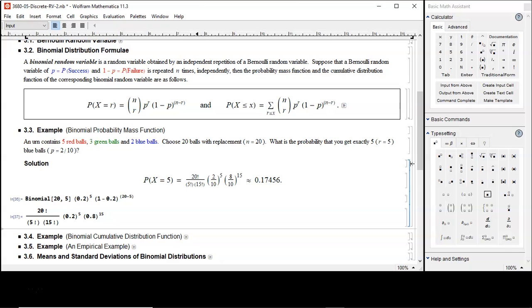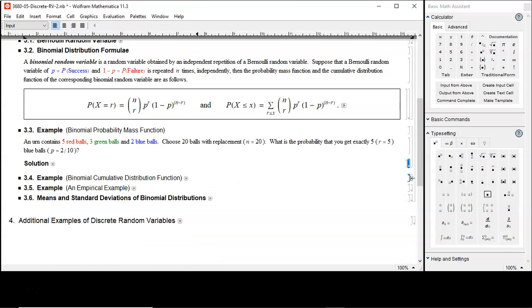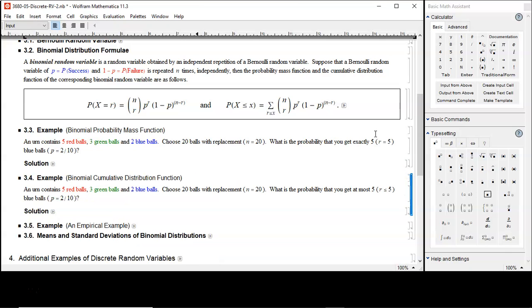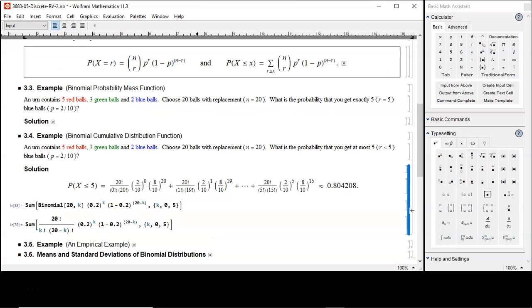Now, what if you have a cumulative distribution function, at most 5 instead of exactly 5? In that case, you have to do the same computation 6 times, r values 0, 1, 2, 3, 4, and 5, and then add them all up. Good luck. Oh boy. So, no blue, 1 blue, 2 blue, 3, all the way to 5 blue. Add them all up. Good luck.